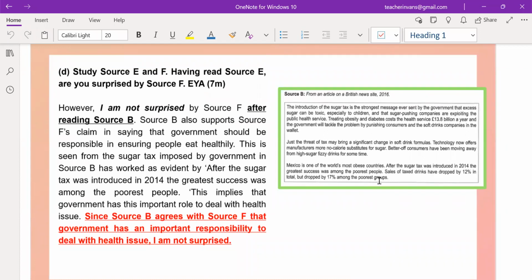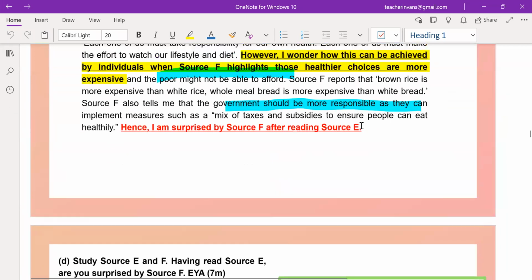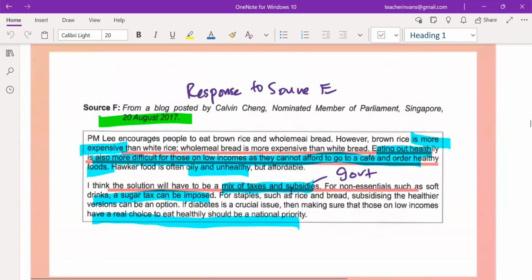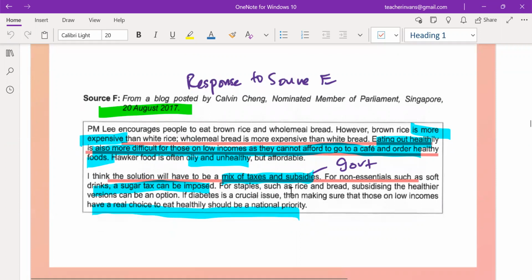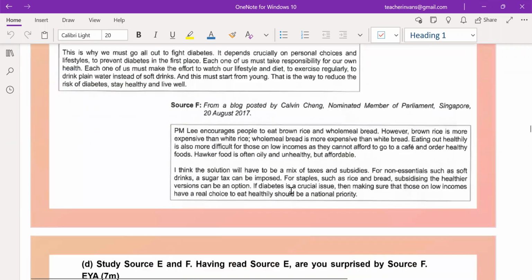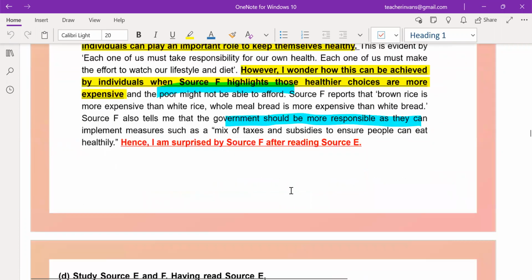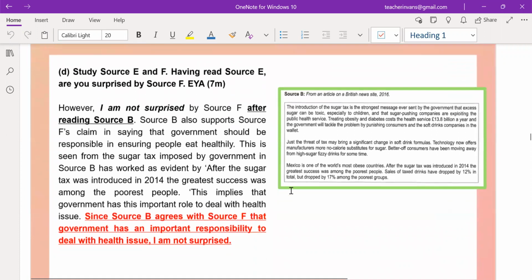So I repeat, because source F shows that the way to go is to have a mix of taxes and subsidies to ensure that eating healthily for everyone is accessible and successful, then you must find a source to show that tax on certain kinds of food will actually be successful.